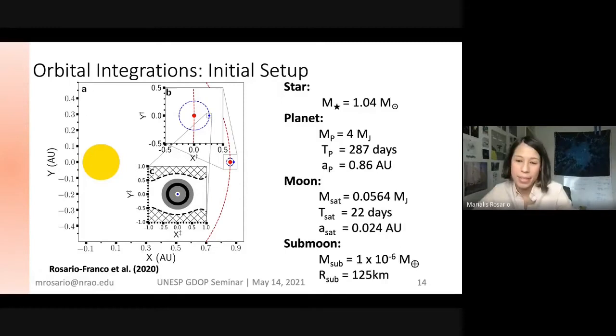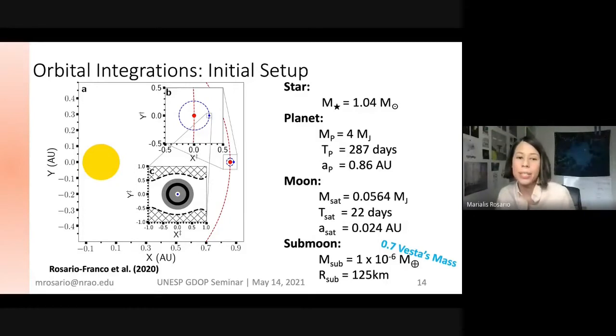And very specifically, given the restrictions of the system, I obtained a mass of the submoon that is about 70% of Vesta's mass, and a radius as well. So we essentially use Kollmeier and Raymond to determine the parameters of the submoon, and we use the observed parameters for the planet and the star.